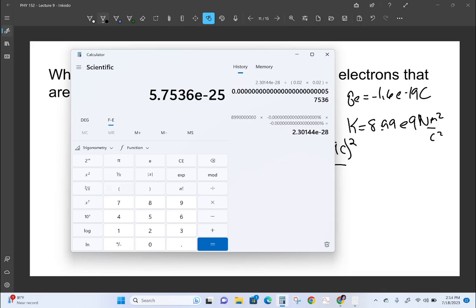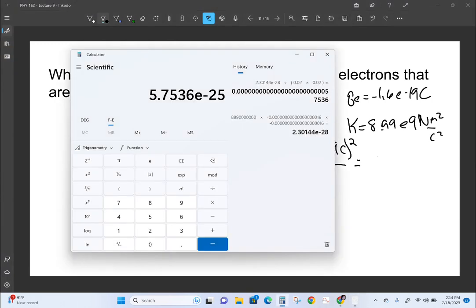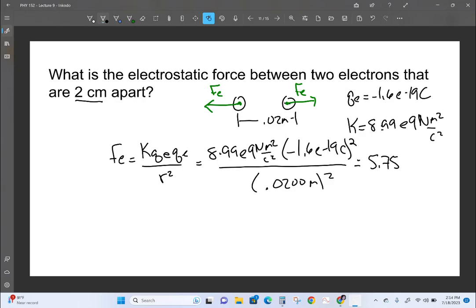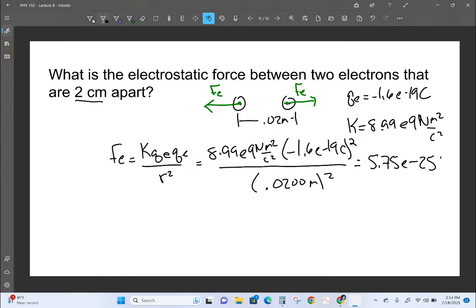I'm going to put it in exponential notation. So I should be getting, and I missed it, 5.75 e to the negative 25 newtons. Notice that the coulombs go away and the meters go away. I'm left with newtons. So these arrows represent that size.